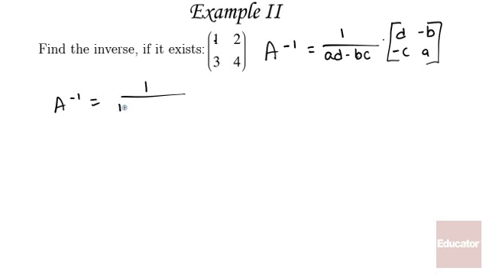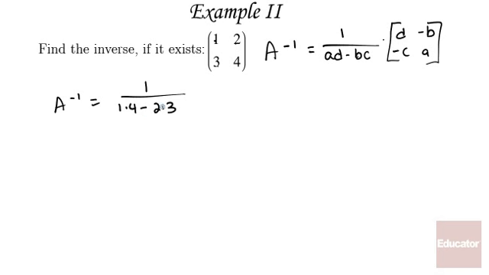Here I have 1 times 4 minus 2 times 3. That is 4 minus 6, so that's negative 2, and therefore that's negative 1 half, so this inverse exists.